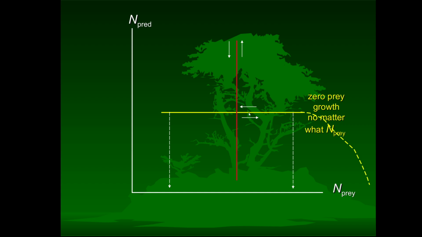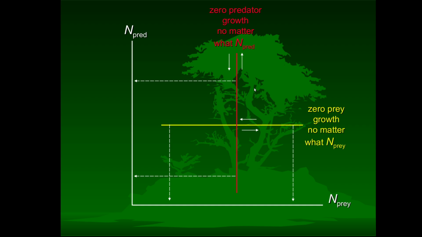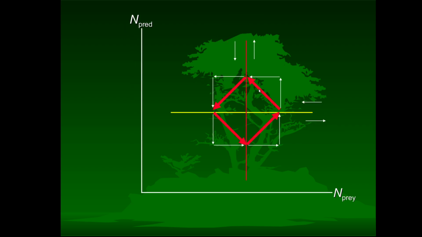Okay, so presumably this isocline would eventually come down to zero at some point. All right, so this is a permanent oscillation.